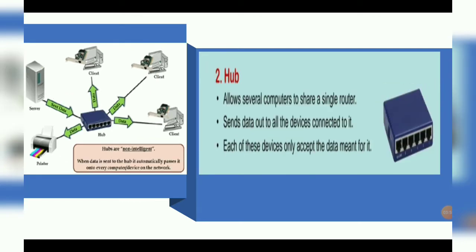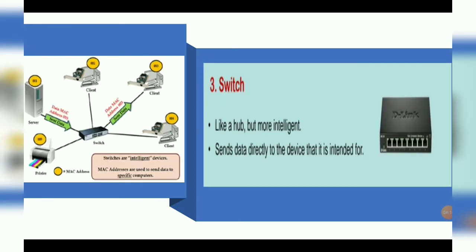So switches are intelligent devices, but hubs are non-intelligent devices. So when someone asks you to differentiate between a hub and a switch, you can say that a hub is non-intelligent because it automatically passes data on to every computer or device connected on the network, but a switch only passes it to the device it is intended for.